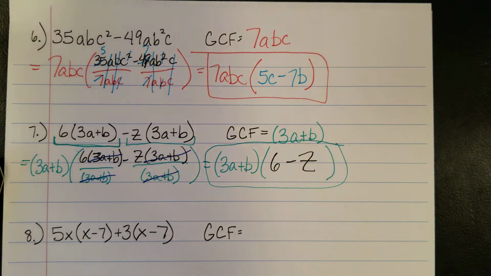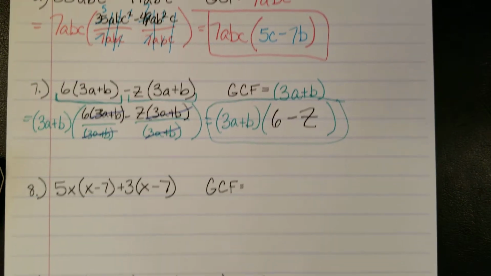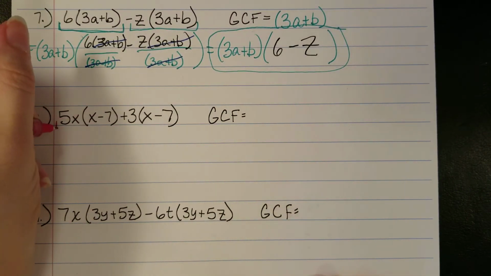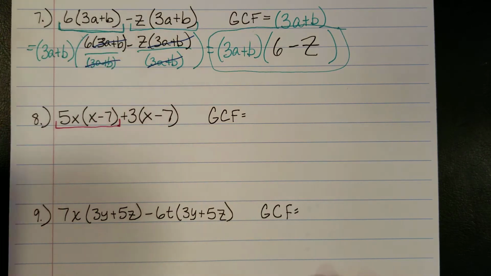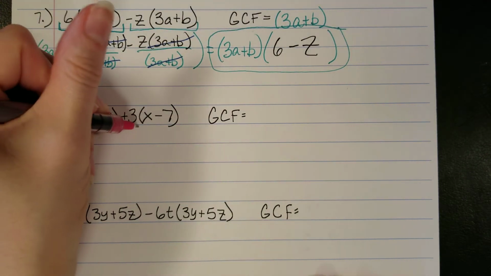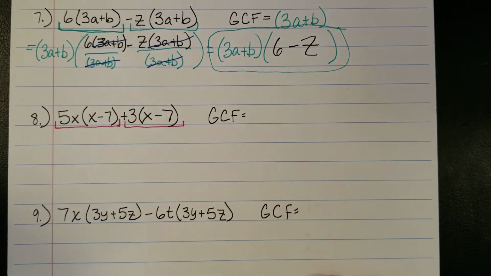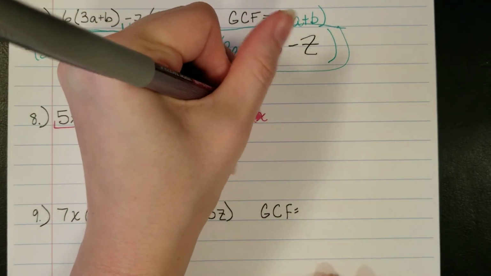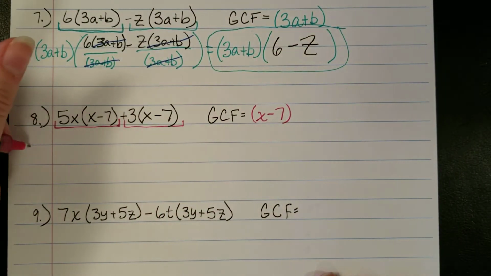Number 8, it's kind of the same thing. So if 5x times x minus 7 is one term and 3 times x minus 7 is the second term, so what do those have in common? That's going to be x minus 7. That's your GCF.